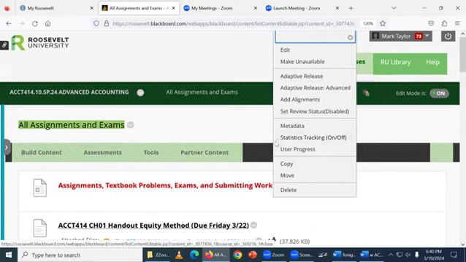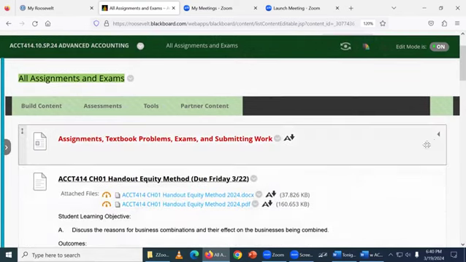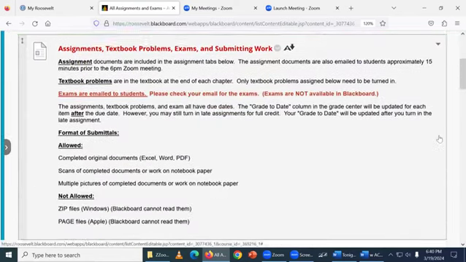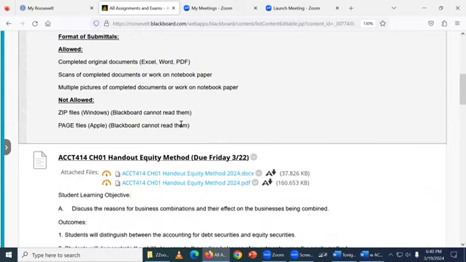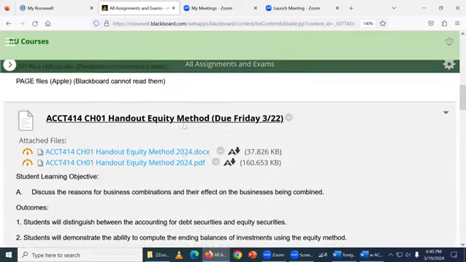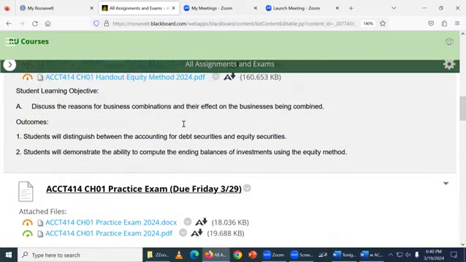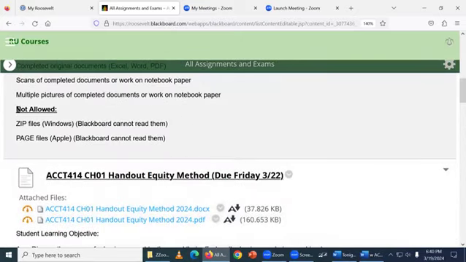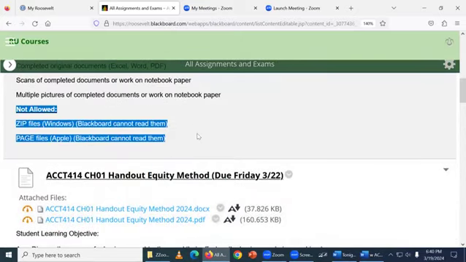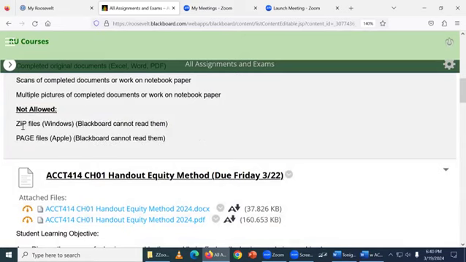Up here, it talks about submitting work. The only thing that we can't do is zip files. If you're using Windows, zip files, and Apple has pages files. Do not submit those in Blackboard.